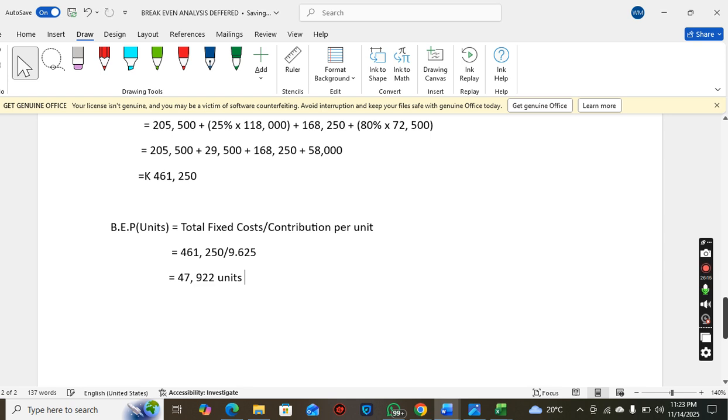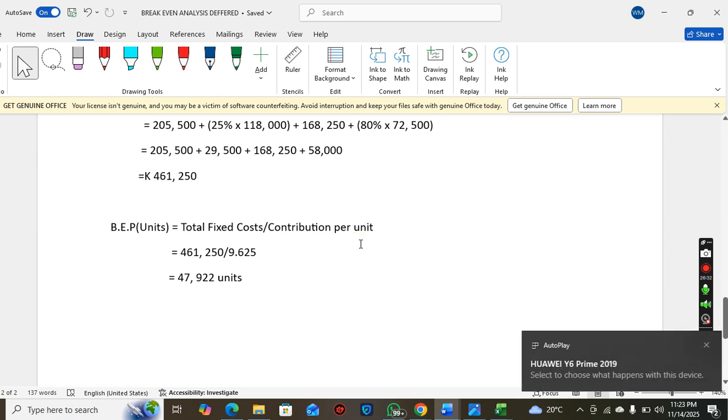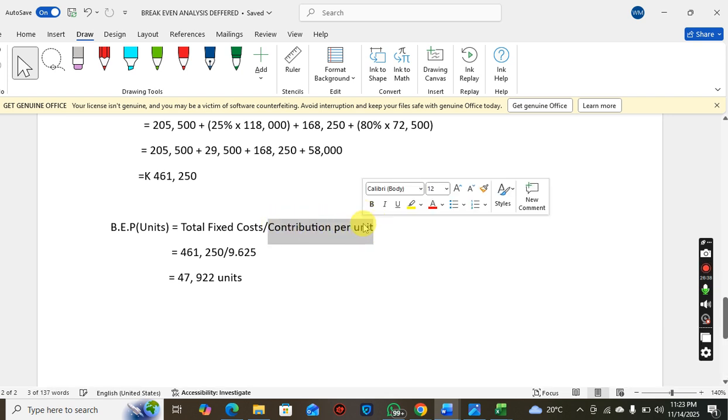Okay. Any questions? So if they produce 47,922 units, that's when they'll break even. Any questions? No. Okay. So one way this company can try to lower this break-even point is to increase this contribution per unit.